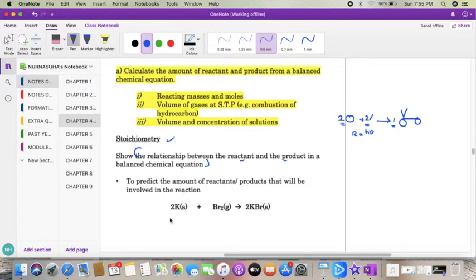So for example, in order to produce 2 mole of KBr, potassium bromide, you need 2 mole of potassium and 1 mole of bromine gas. If not, you tidak akan dapat the product that you want.